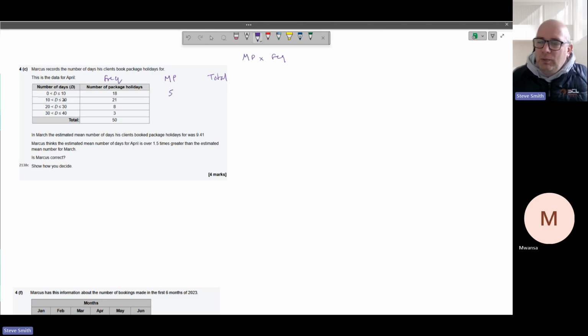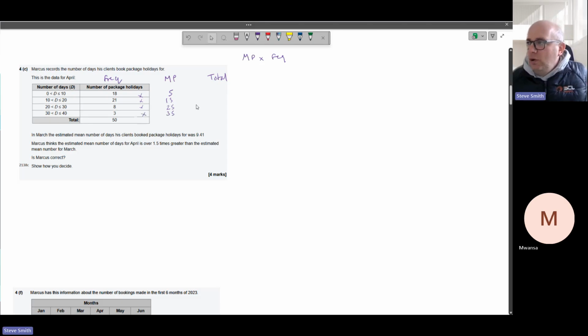So 10 add 20 is 30, divided by 2 is 15. 20 add 30 divided by 2 is 25. And then 30 add 40 is 70, divided by 2 is 35. So when we've got all our midpoints, we can now use our calculator, times them by our frequencies, and we get our total column.